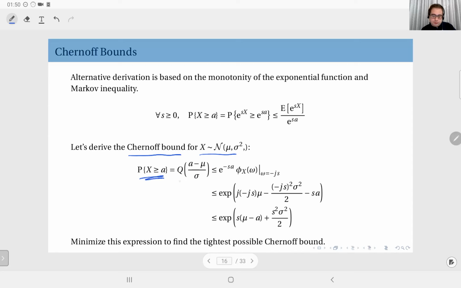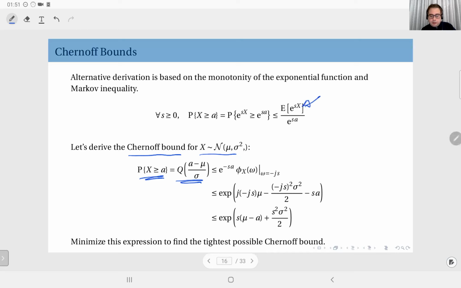And of course, we know this to be equal to the Q function evaluated at (a minus mu) divided by sigma. But for whatever reason, maybe you don't have access to a table, maybe you do not have a tool to compute the Q function, you might want to put a bound on this value.